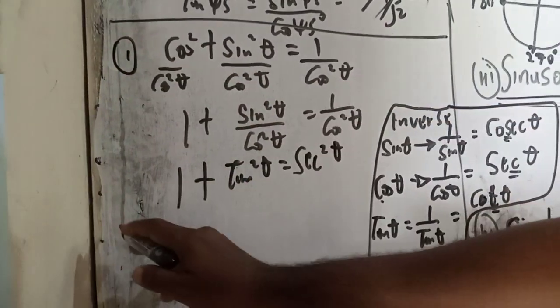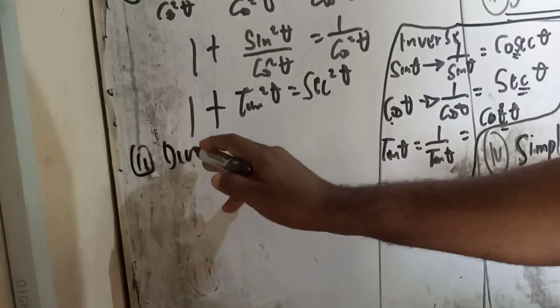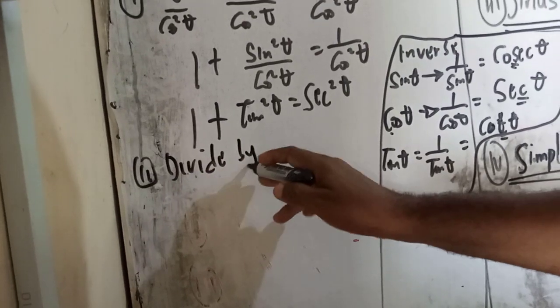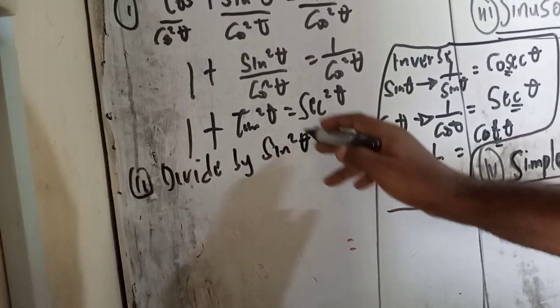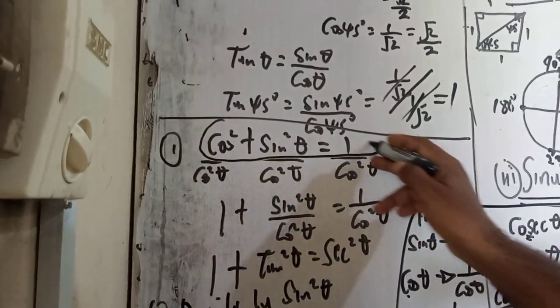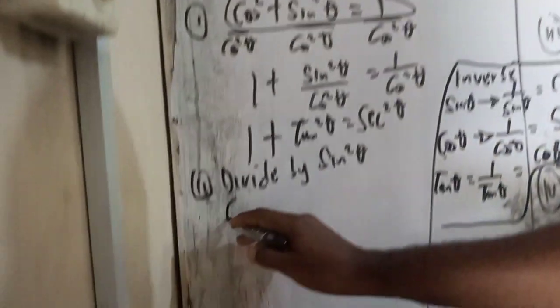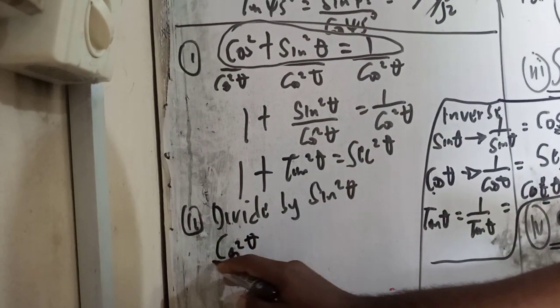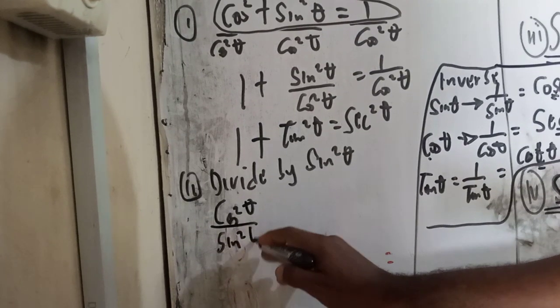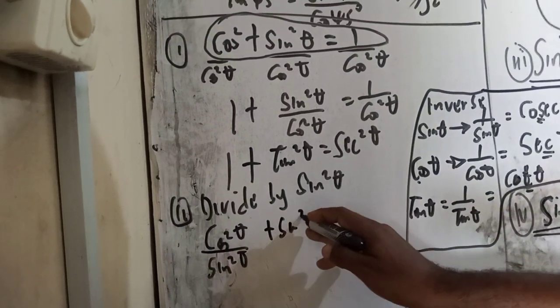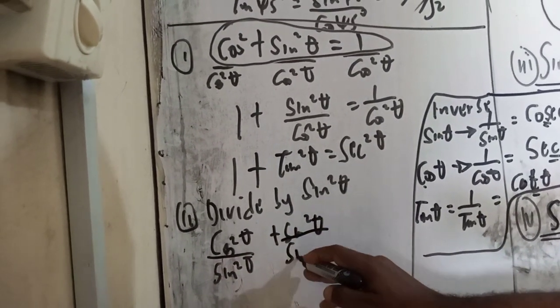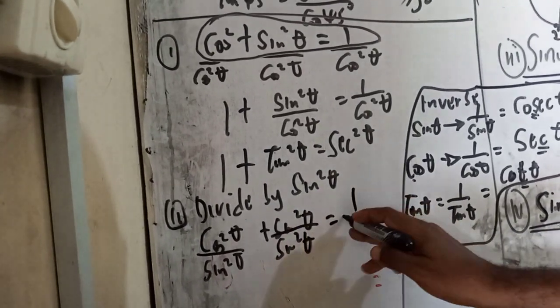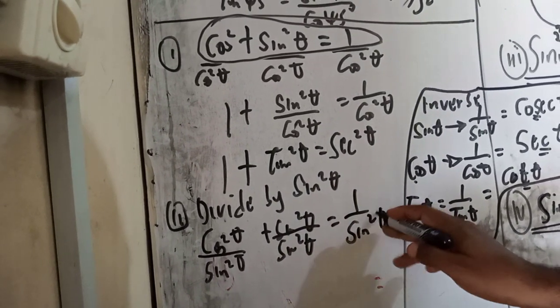So another case is when we divide through by sine square theta. When we divide through by sine square theta, I'm going to have cos square theta all over sine square theta plus sine square theta all over sine square theta is equal to 1 all over sine square theta.